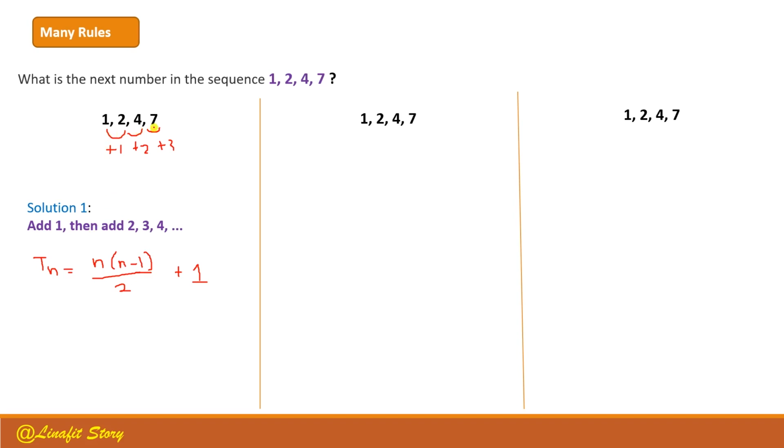So, to get the fifth term, T5 is equal to 5 times (5 minus 1) divided by 2 plus 1. 5 times 4 is 20, out of 2 is 10. 10 plus 1 is equal to 11.